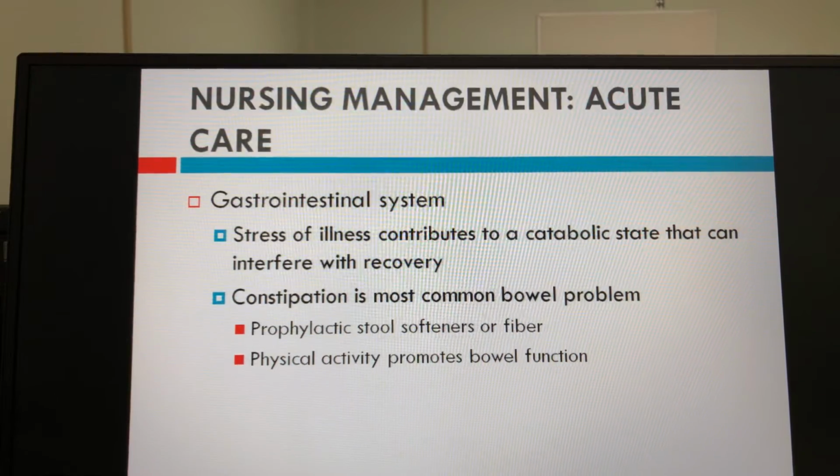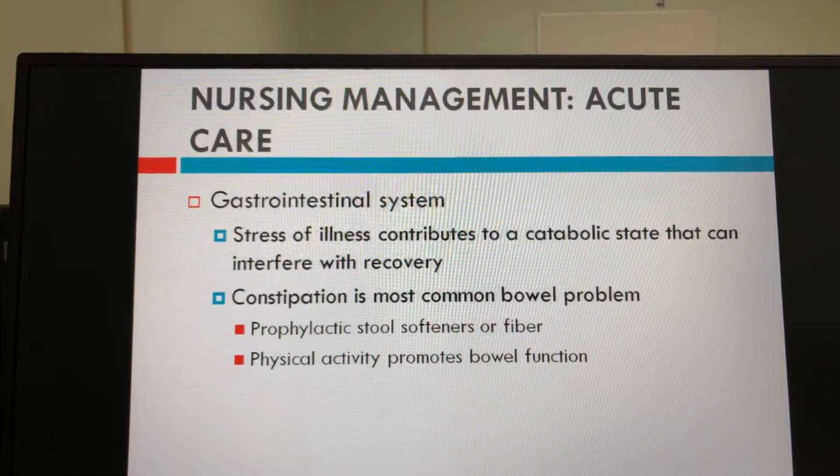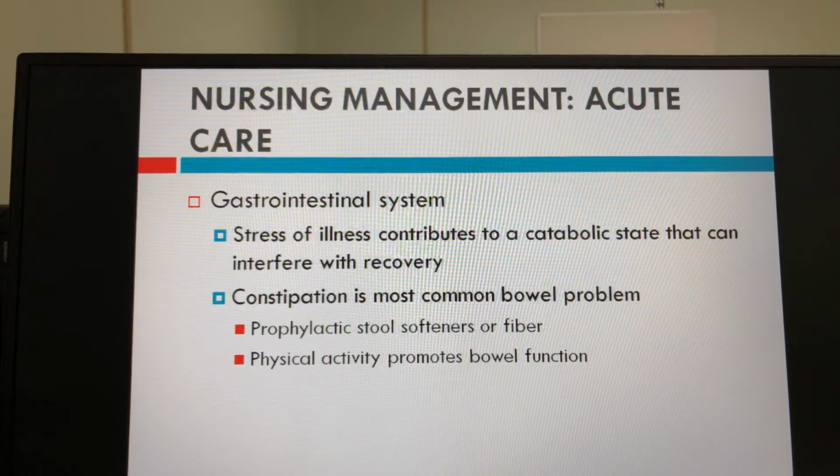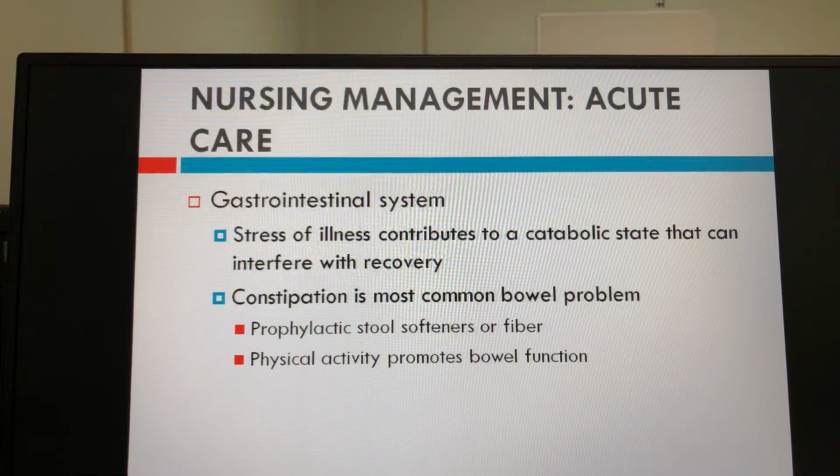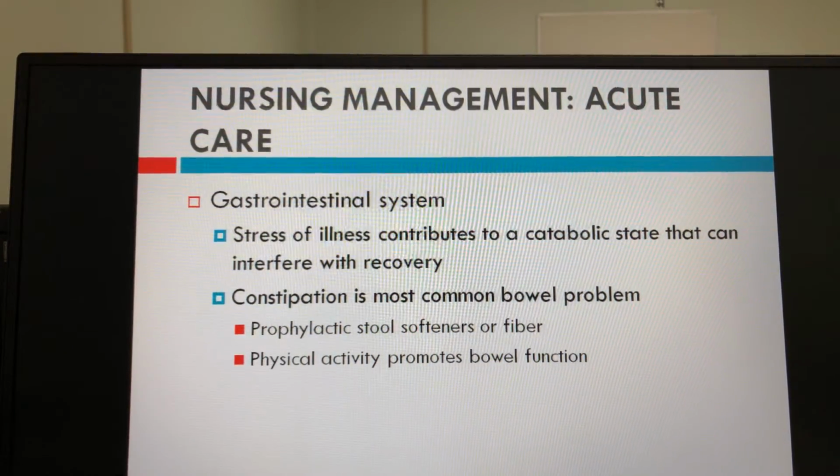A good time for a bowel program is 30 minutes after breakfast, because eating actually stimulates the gastrocolic reflex and peristalsis, but they may need to be adjusted as individual bowel habits do vary.